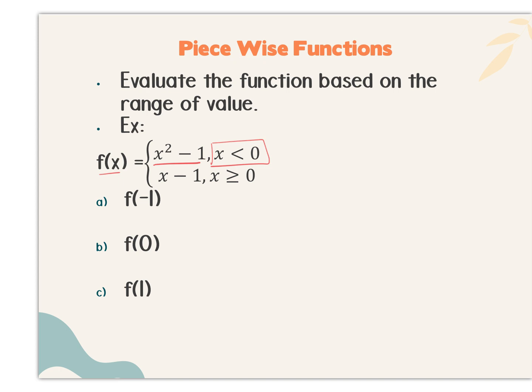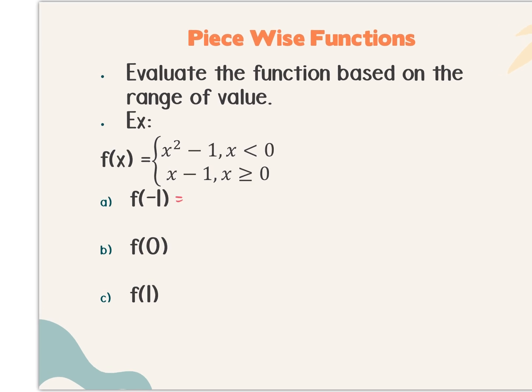So when your domain is basically from negative infinity to 0, you're going to use this equation, not including 0. And then when x is greater than or equal to 0, you're going to use this equation. So this is basically telling you which equation to use to evaluate at which time. So let me do some, it'll kind of make more sense.